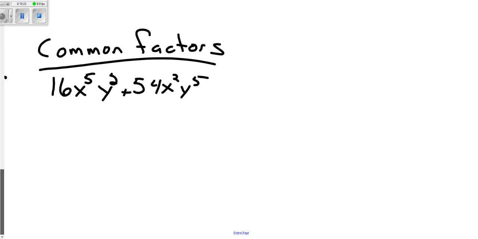So I can take some x's and some y's and something that factors out of both 16 and 54 out, right? 54 is 9 times 6. And 16 is 4 times 4.